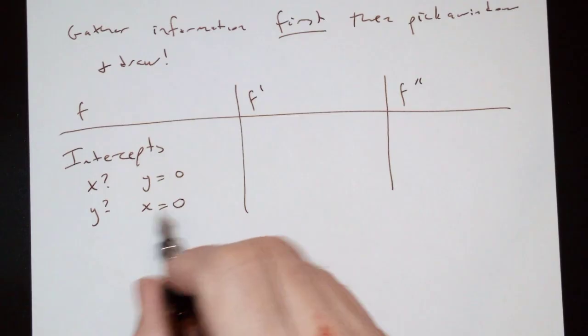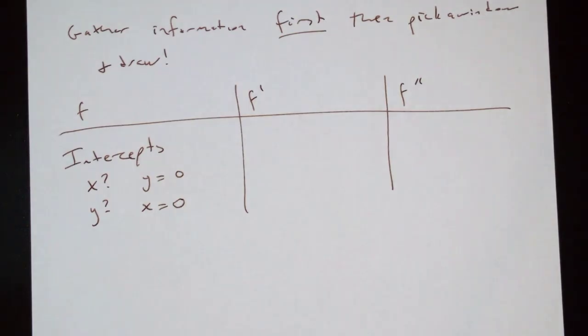When might this be a problem? I don't know if I'm allowed to plug in 0 to my function. What if I do 1 over x? I can't plug in 0, right? So maybe before I even try and figure out where things cross axes, I should see if I'm allowed.